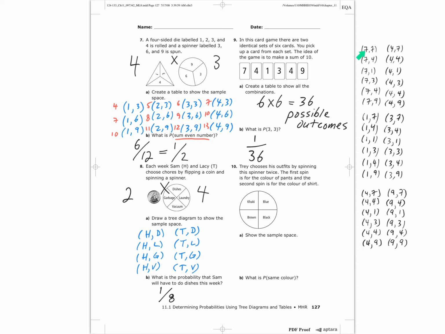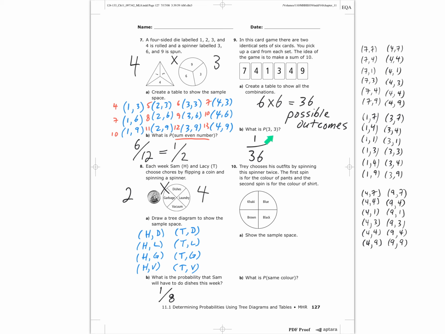So you'll notice I have them all: 7, 4, 1, 3, 4, 9. Followed by all of the things that could happen in the second set. It's the same numbers because they're identical, right? 7, 4, 1, 3, 4, 9, and so on. So this is 36 different things that can happen.